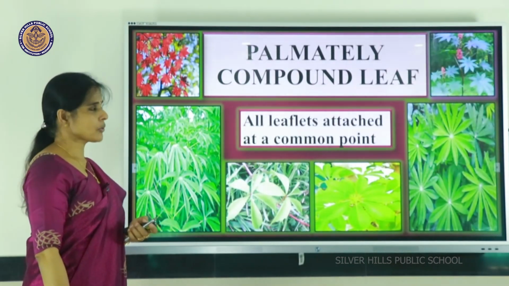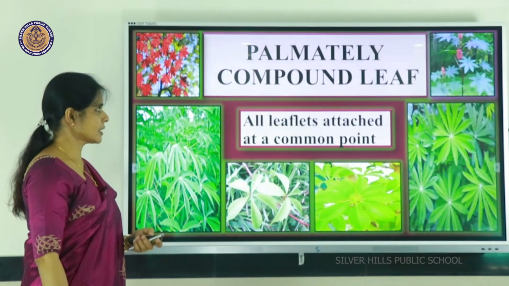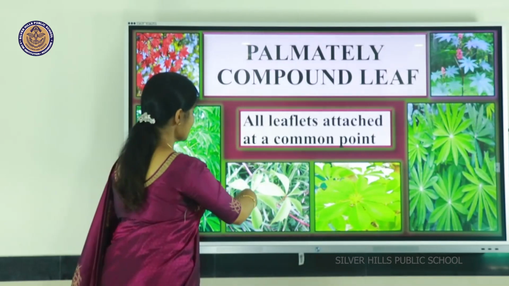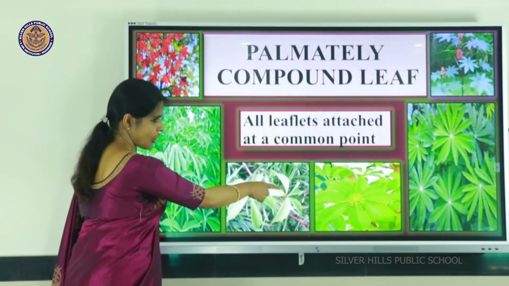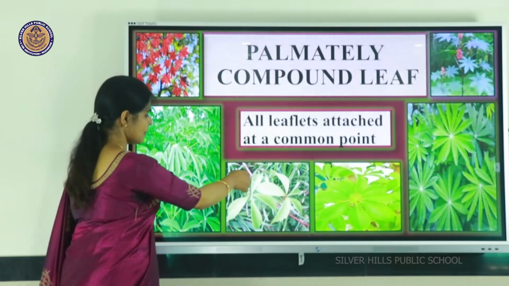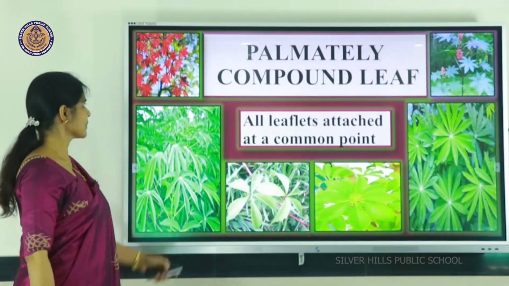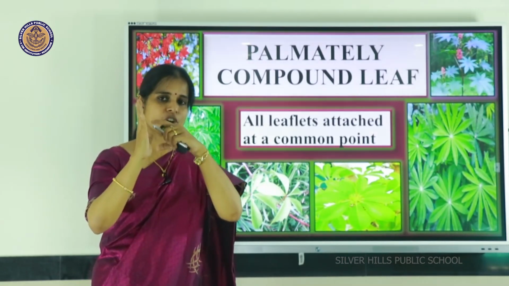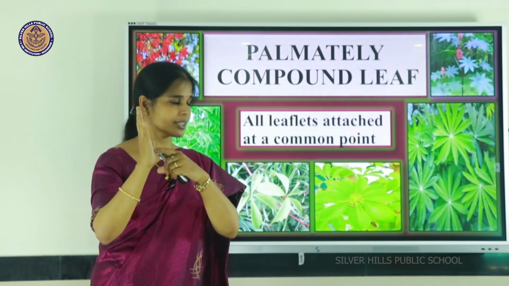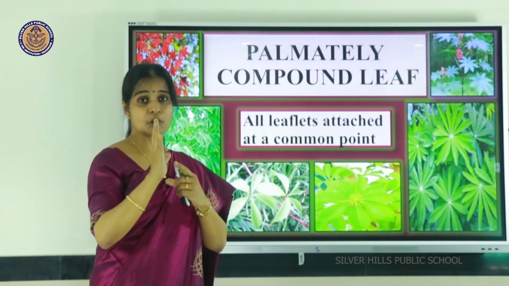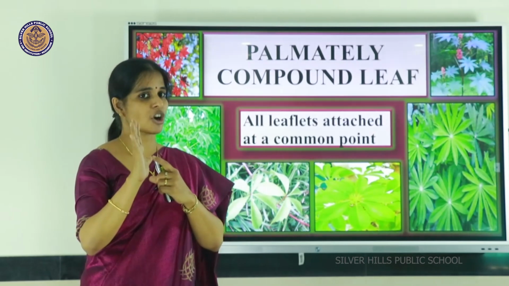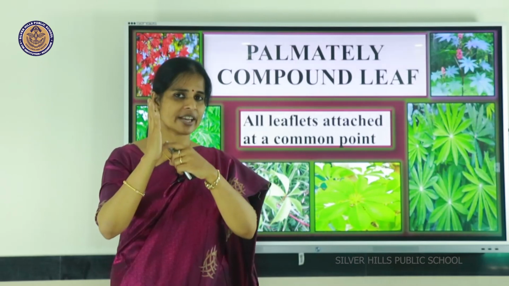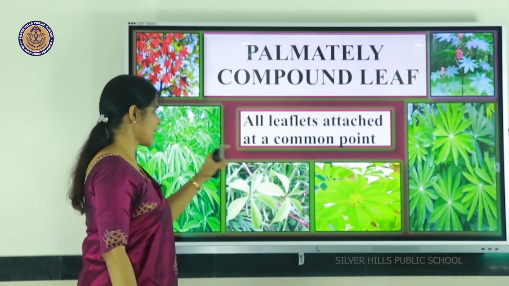One more type of compound leaf is the palmately compound leaf. In palmately compound leaves, many segments are also formed by incisions, but they all come to a single common point. If, for example, 5 segments of the leaf are formed, as in papaya leaf, ricinus and many other leaves such as tapioca, all 5 leaflets attach to a common point.